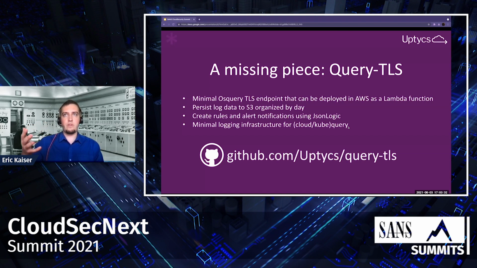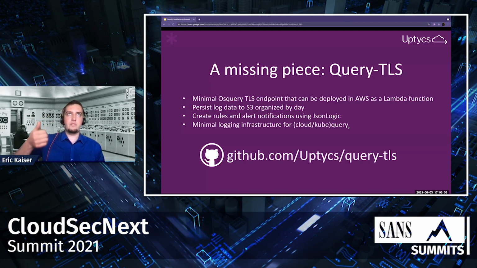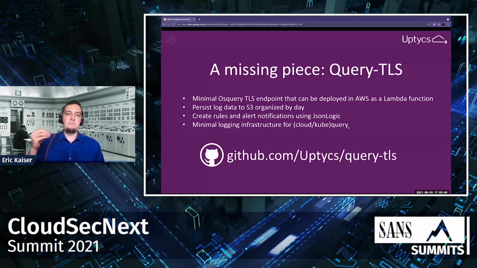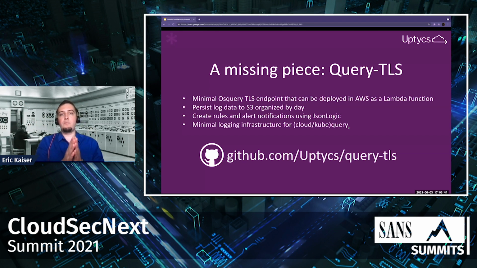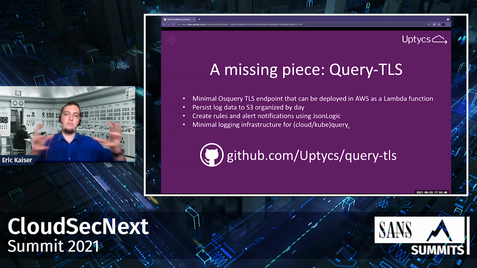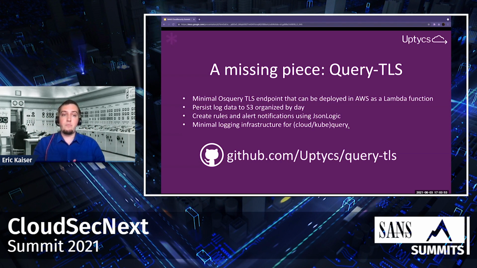There are lots of osquery TLS endpoints out there: OSControl, Kolide, now Fleet. And this is designed specifically for a very minimal, bare bones, get you up and running, being able to aggregate all of your osquery or star query results and ask questions of them, right?